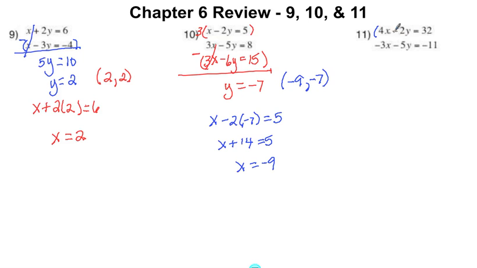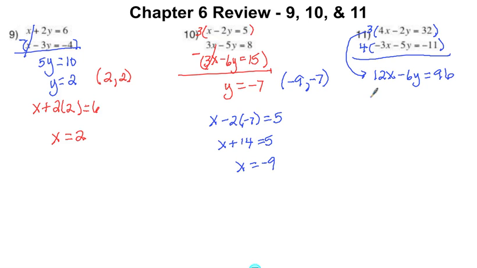I'm going to multiply the top by 3 and the bottom by 4, only because that will allow me to have a 12 and a negative 12, and that way I can add them because we've been subtracting up to this point, and I want to give you an example of addition. So when I rewrite these, the top one, let's write it down here. So I'm going to get 12x minus 6y equals 96.